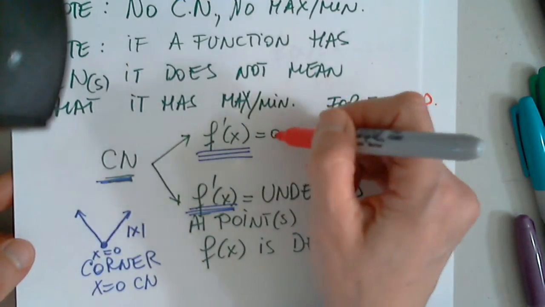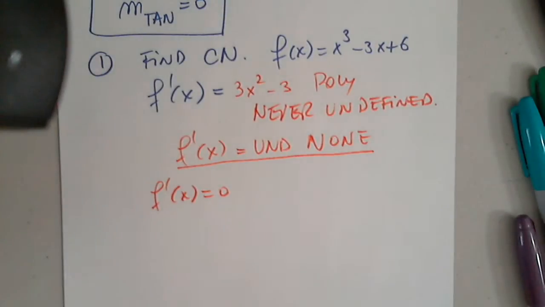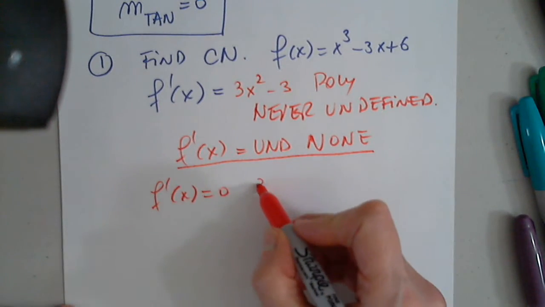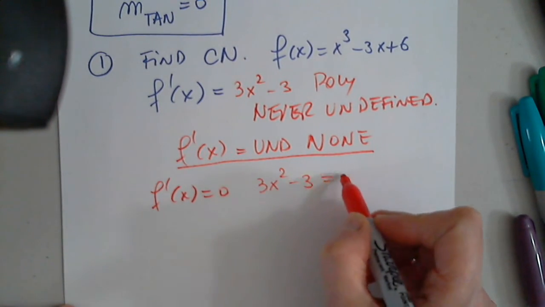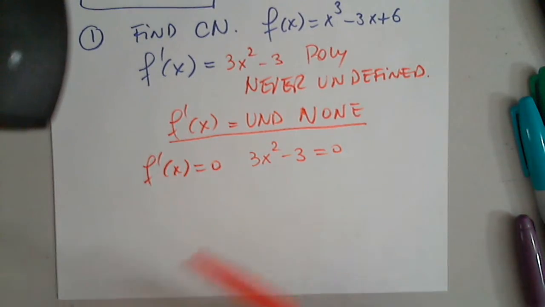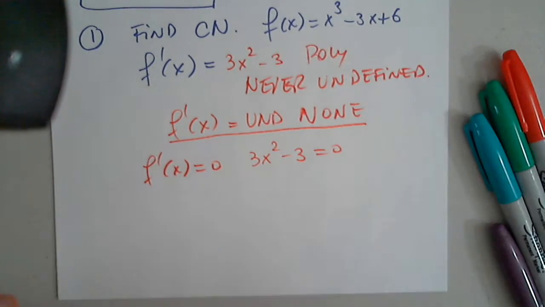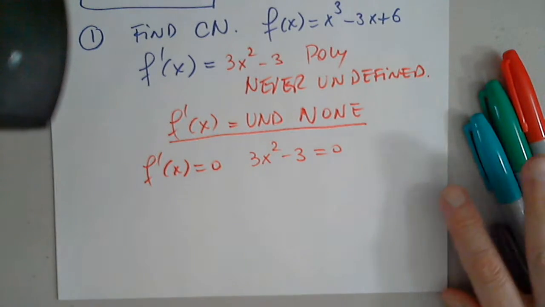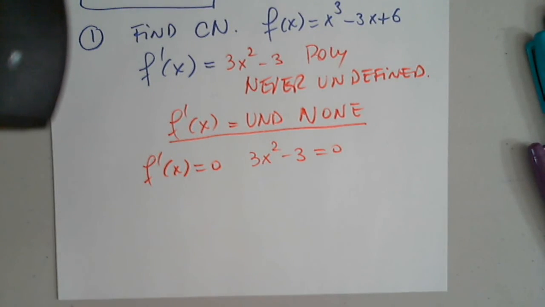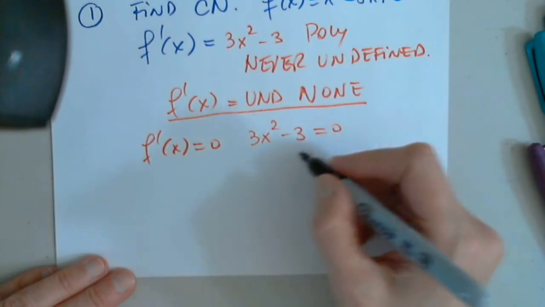Now I have to test this. What do I get? 3x squared minus 3 equals 0. How do I continue? What is my first step here after writing the equation? When you move the 3 to the other side, so add 3. You could.